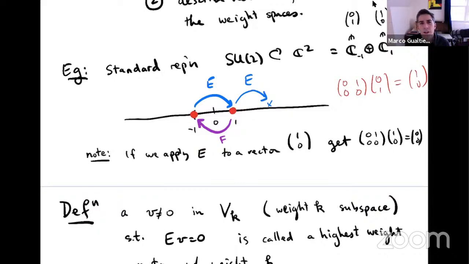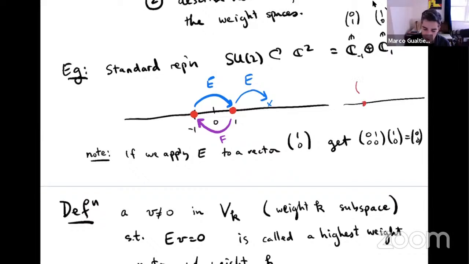Is that clear? Any questions about this diagram and what it means? To completely spell it out, this dot means that we have the point 0, 1. This dot has the point 1, 0.